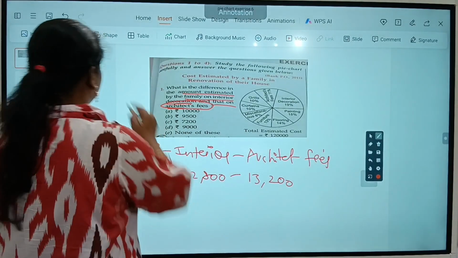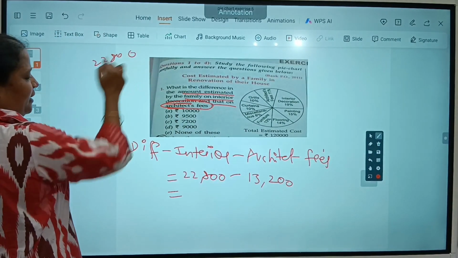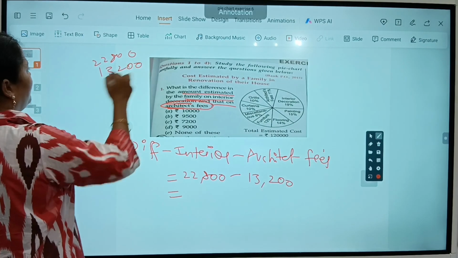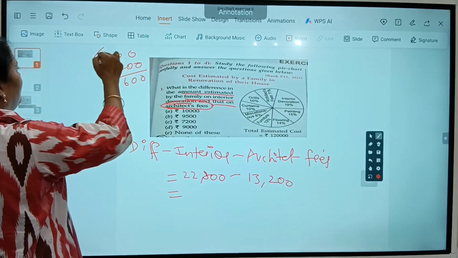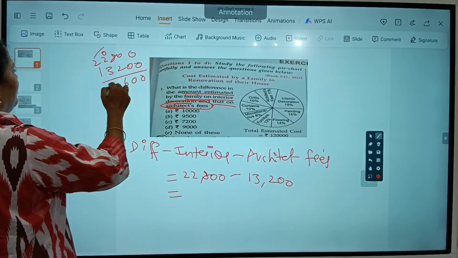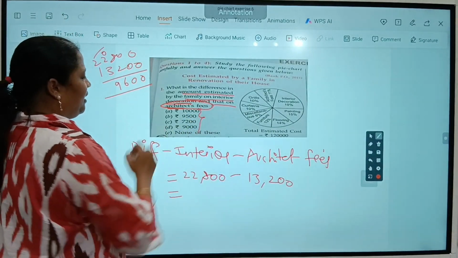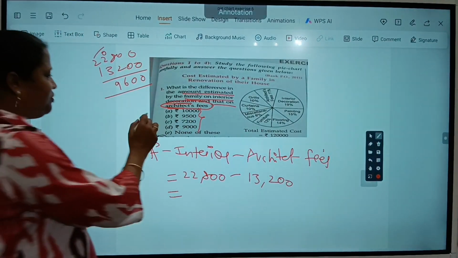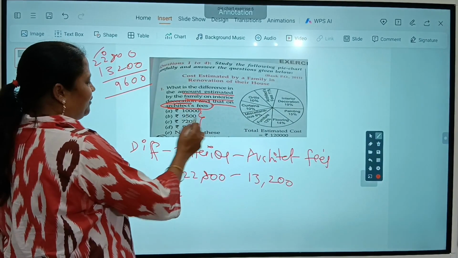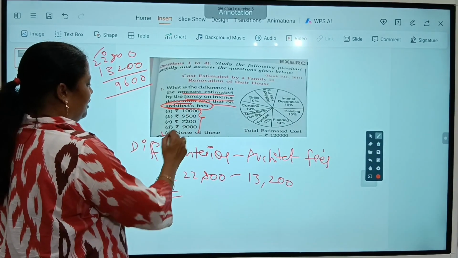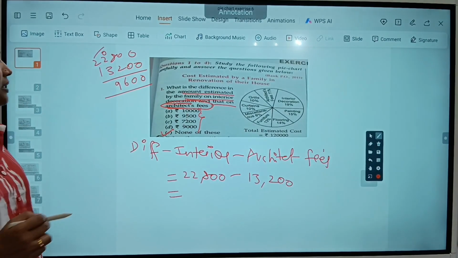The difference will be 9,600. So it does not exist in these options: 10,000, 9,500, 7,200, 9,000. None of these is the answer for this question.